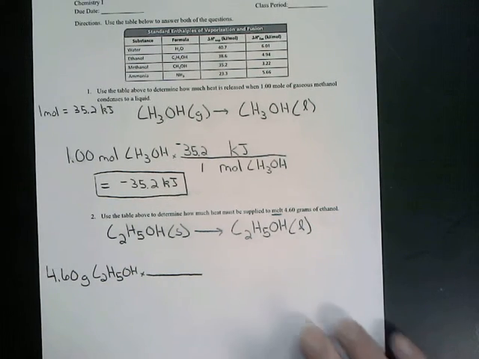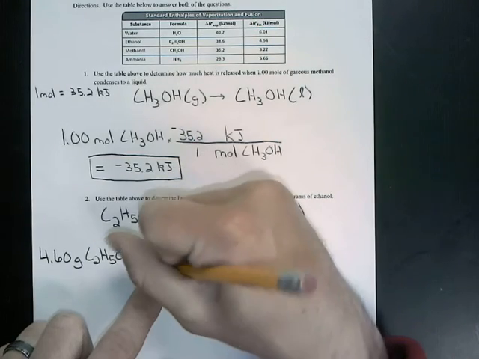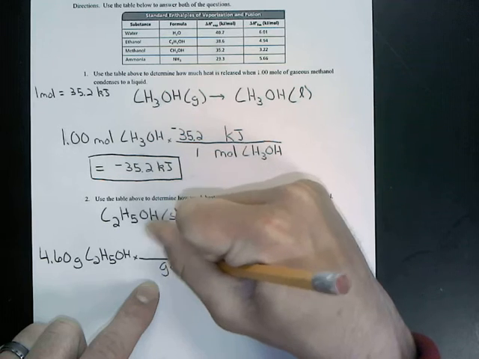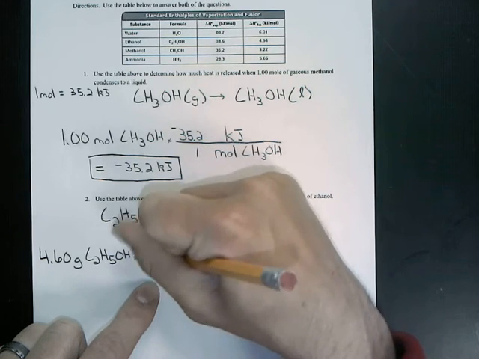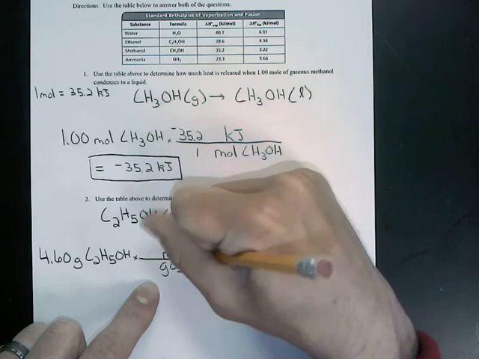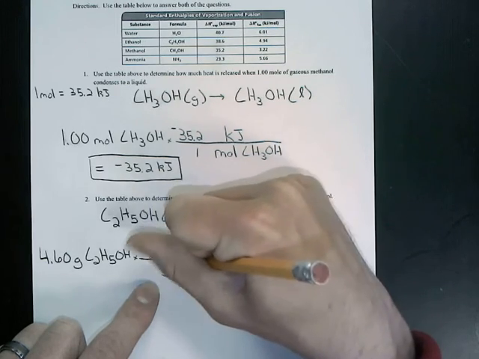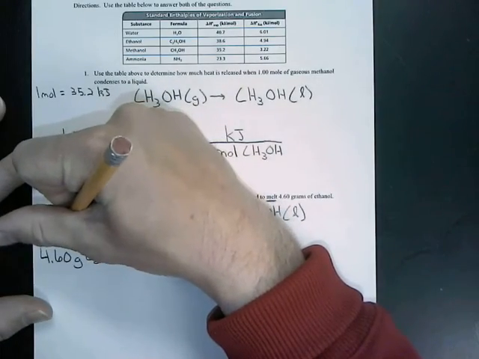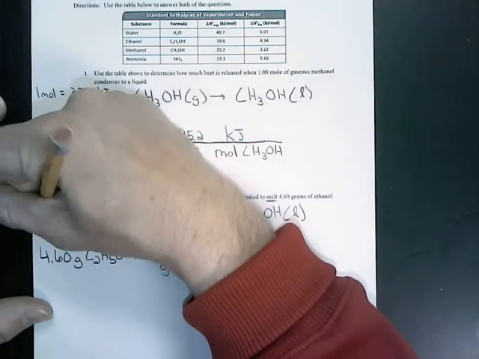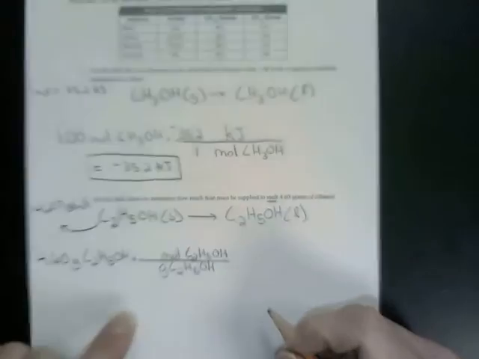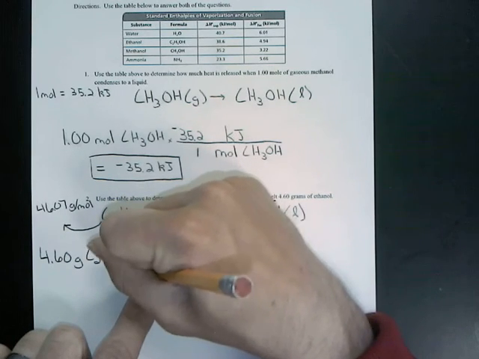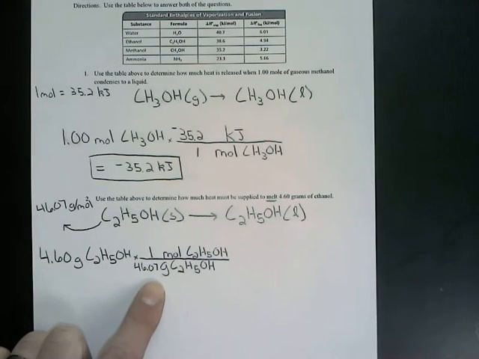With this, we need to first cancel out our units of grams of ethanol, and on top, we can get to moles of ethanol. You can look up ethanol, but to save us some time, ethanol has a molar mass of 46.07 grams per mole. The 46 number is associated with grams, so it goes on the bottom here, and on top, we put 1 mole.